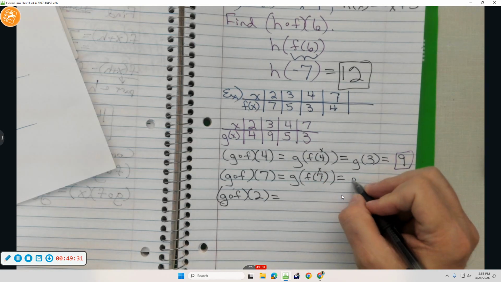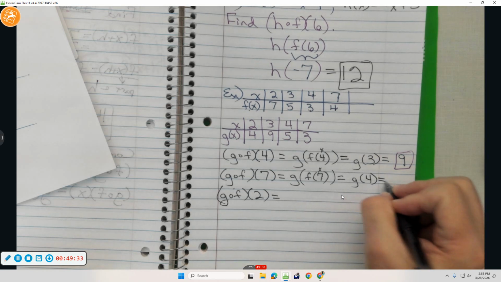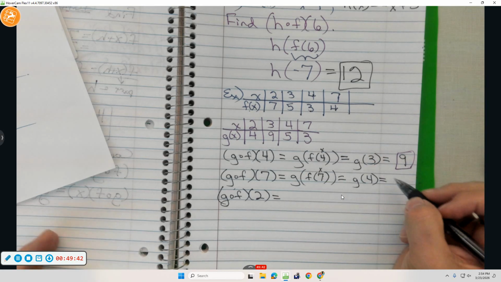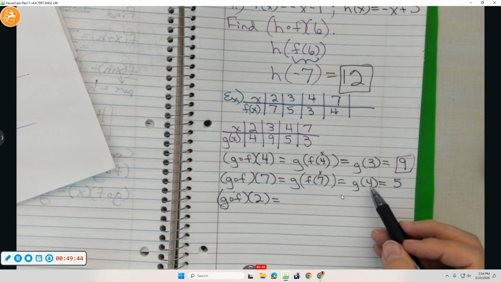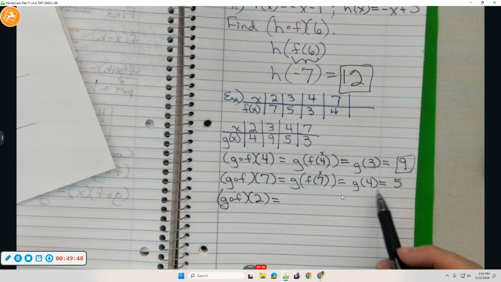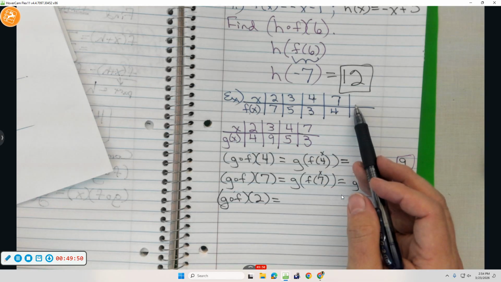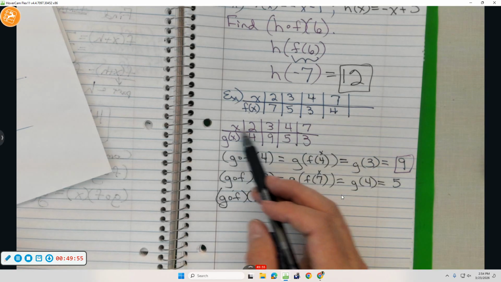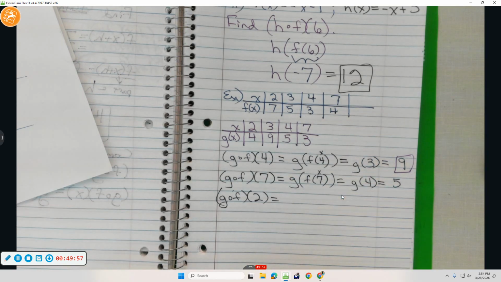So we have G of 4. Now, what's G of 4? Use the G table. 4 is assigned to 5. The number that you're looking at to start off with on both tables, you're using the X row, and then it gets assigned to a Y value. Then use the X row assigned to another Y value.